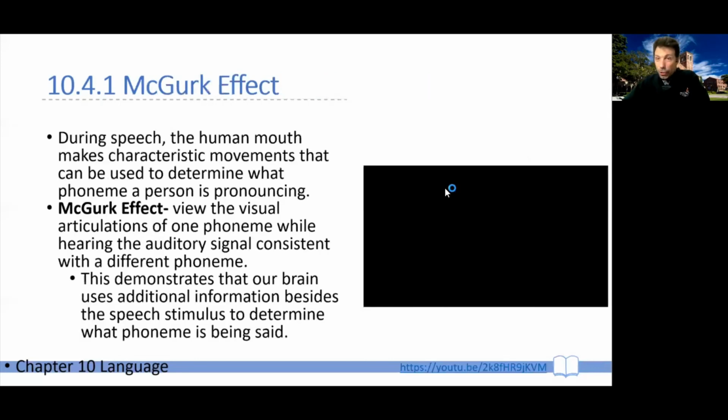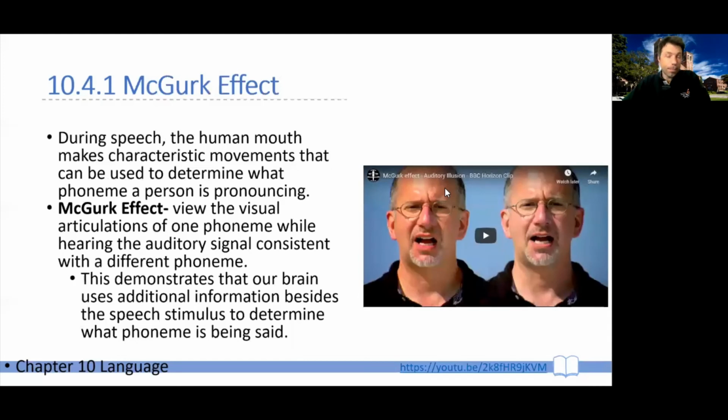Now, another strategy that we use often to understand language and to parse language is multimodal cues. What I mean by this is the use of visual cues in order to help understand what is being said, in order to help understand an auditory sequence of sounds.